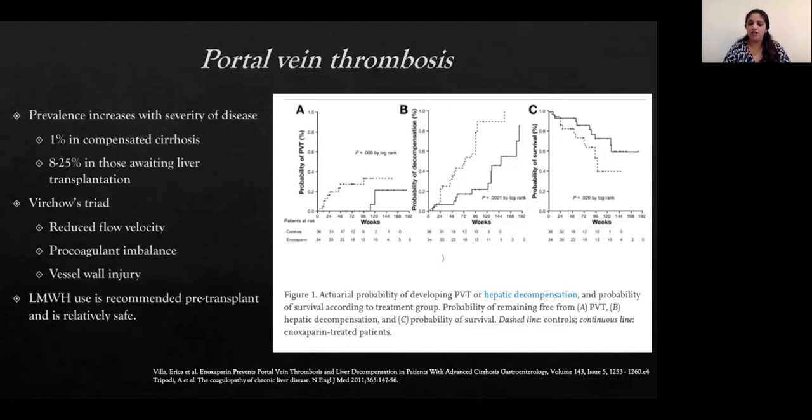In adults, low molecular weight heparin has been shown to be relatively safe to be used in pre-transplant patients. Of course, this needs to be used carefully, especially if you have renal issues, and I will talk a little bit more about this in a further slide.